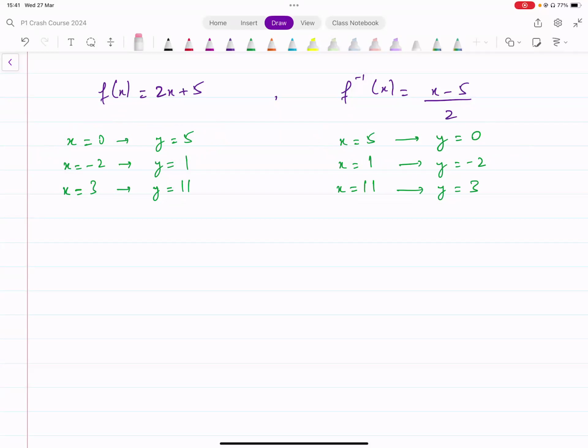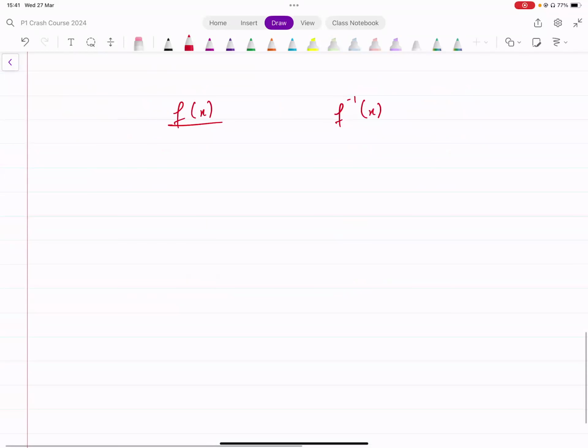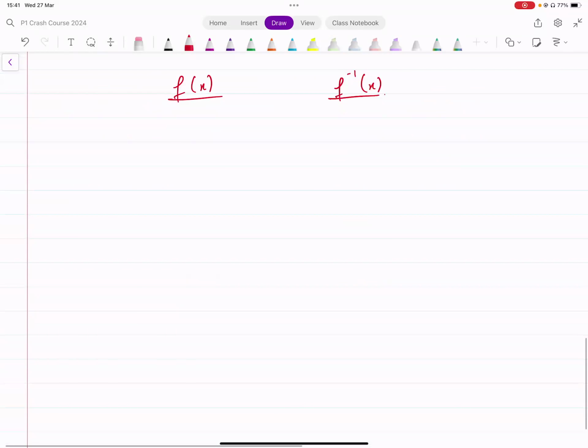Now, that gives us something very important that you need to know for inverse functions, and that is, if you have a function f of x, and you have the inverse of that function, f inverse of x, these two functions are going to be related to each other like this.